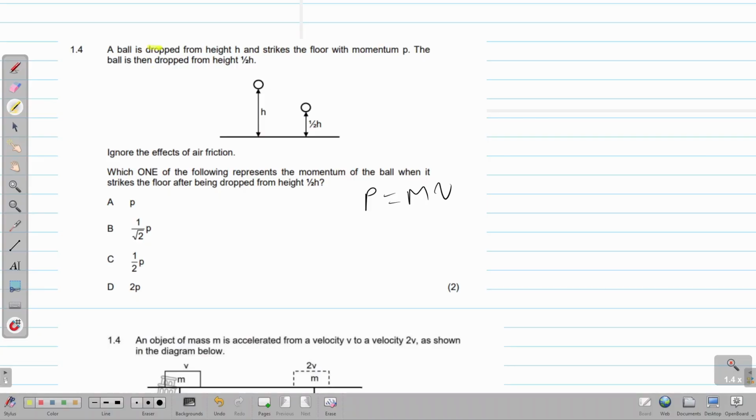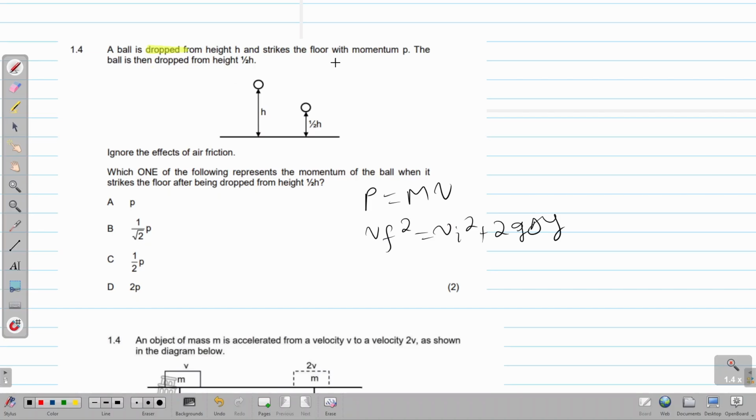If it's dropped, then the initial velocity is 0. So the equation is v final squared is v initial squared plus 2 times acceleration times delta y.